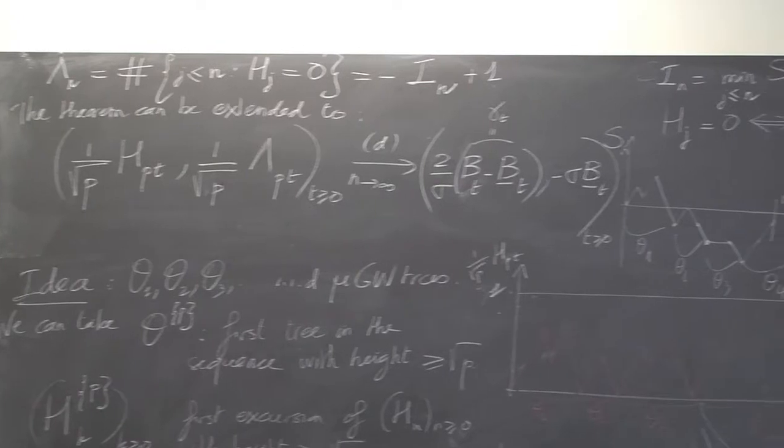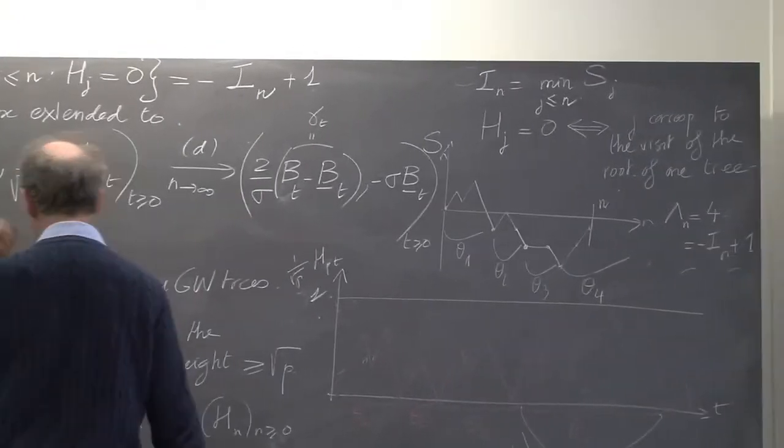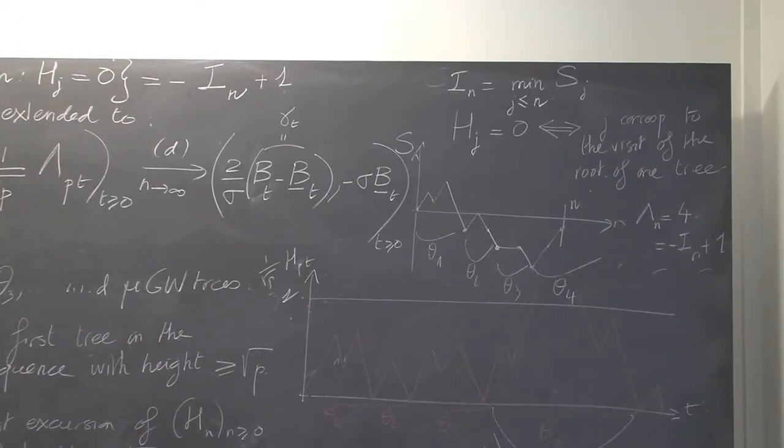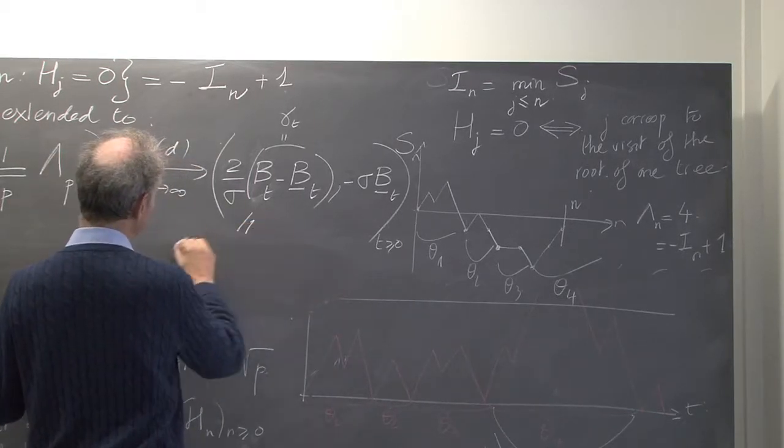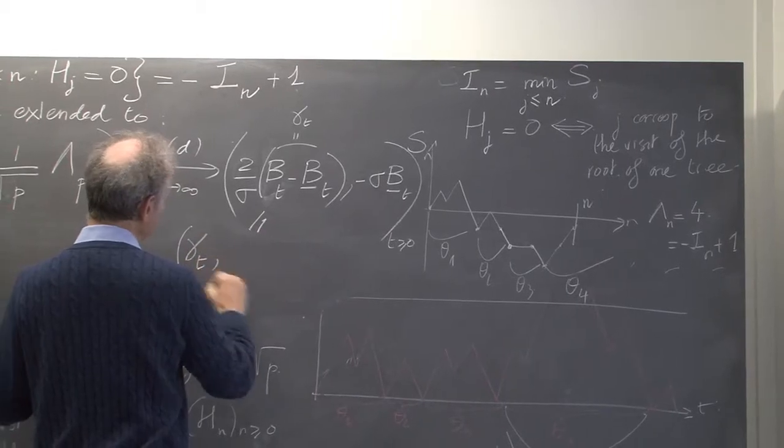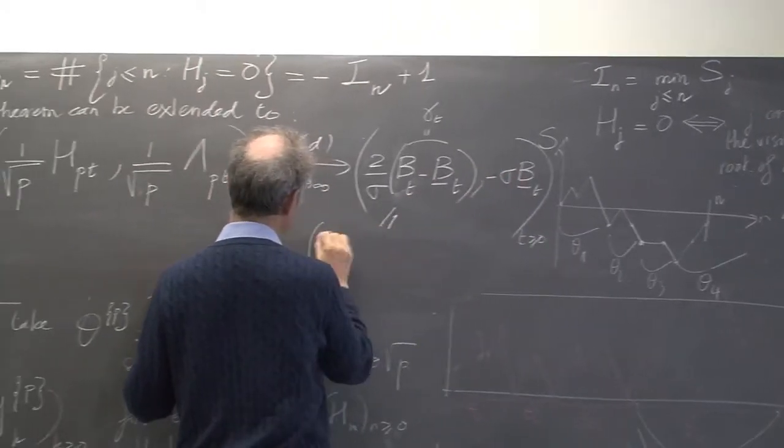Okay, so what can we say about that? Of course, the limit, as I said here, you can rewrite also in the form gamma t, and this, 2 over sigma gamma t.